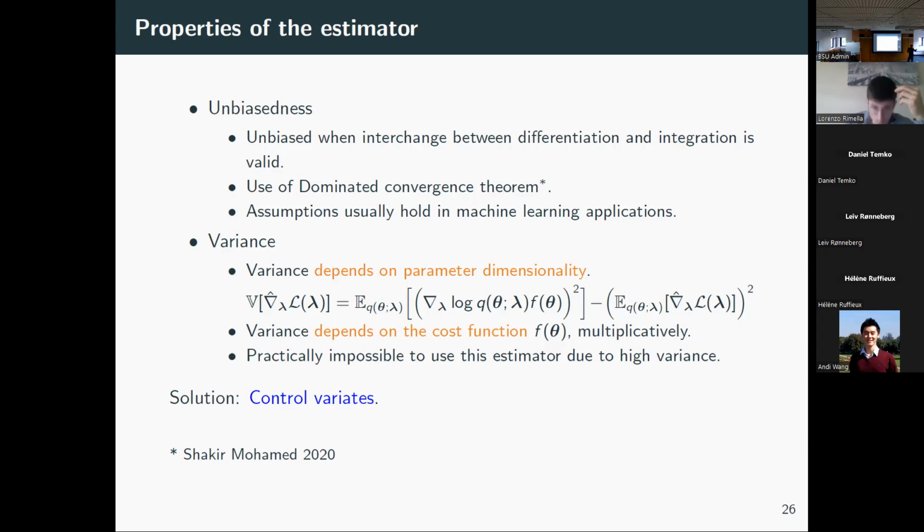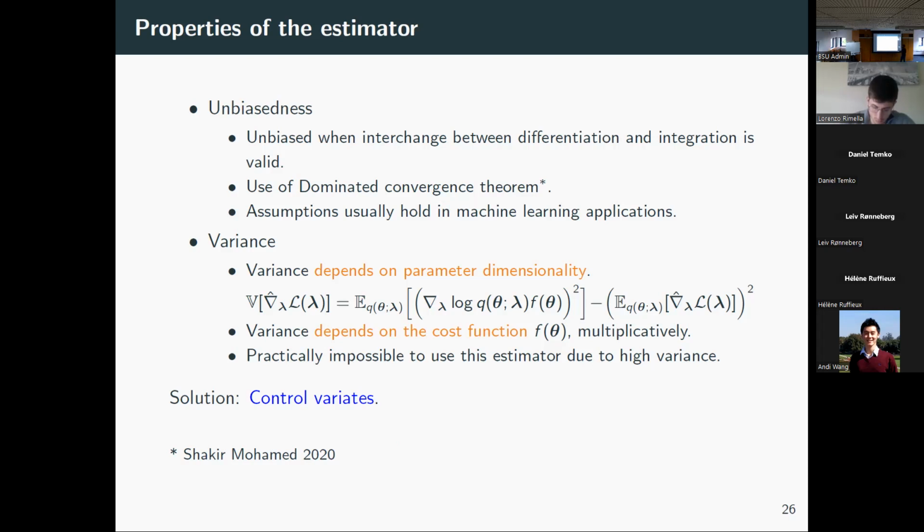Now, obviously, your question, the variance of this estimate, it's pathetic, ridiculous. That's basically the one word I can say. It's a big issue. If you simply write down the variance, you'll first note that parameter dimensionality comes in. So obviously, if you have a high dimensional problem, the variance grows larger. But then there is one other problem, that your cost function also comes in.